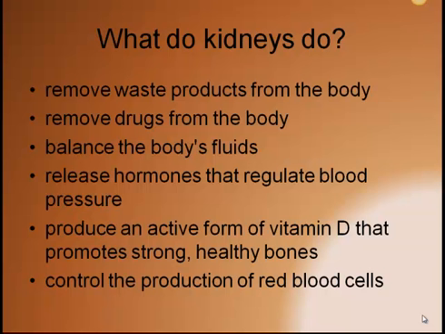The other thing kidneys do is, through its ability to regulate fluid levels vis-a-vis urine, it balances your body's fluid. One of the things I talked about in the coronary is if somebody has congestive heart failure, then they have a backup of fluid into the lungs.